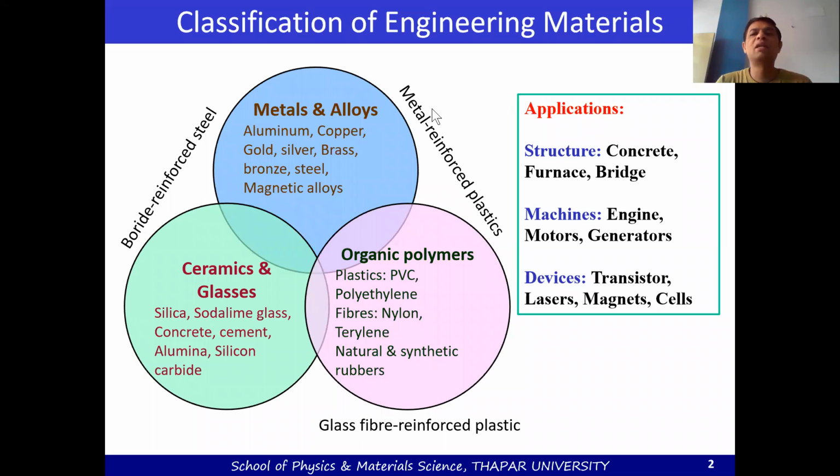And then within the magnetic class, you might have heard that something is called ferromagnetic, something is called paramagnetic, something is called diamagnetic, and so on and so forth. So my point is, there are a variety of ways by which you can classify engineering materials or materials in general. So what will be our approach of classification?